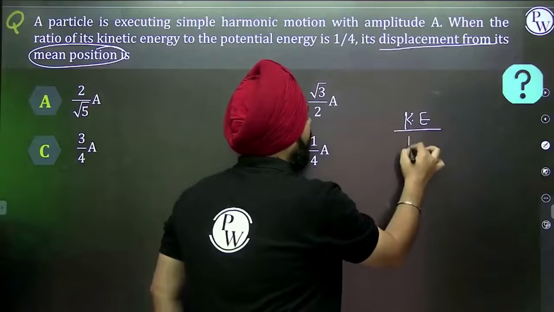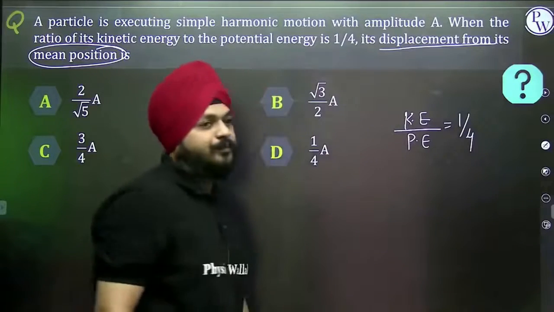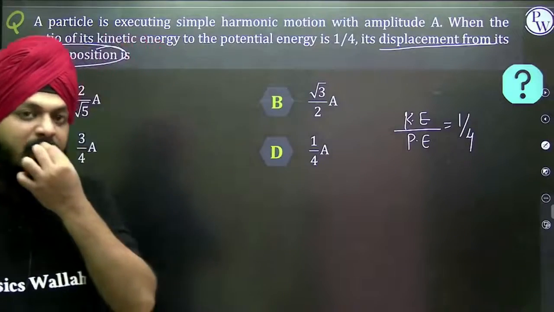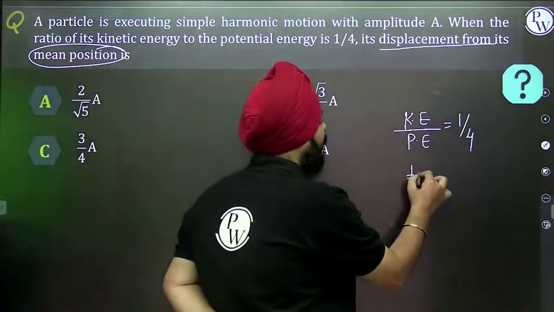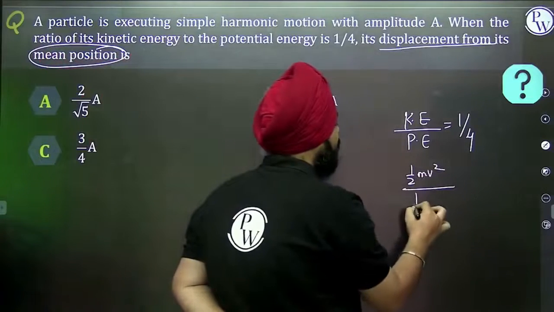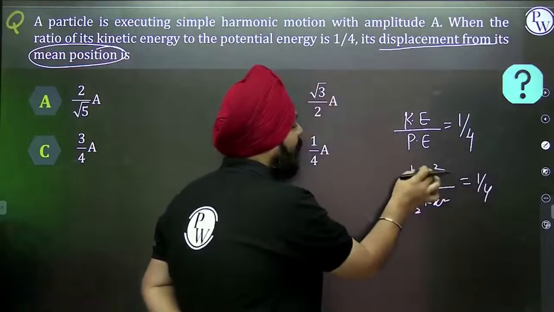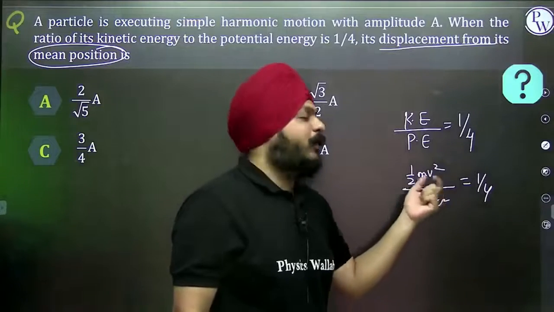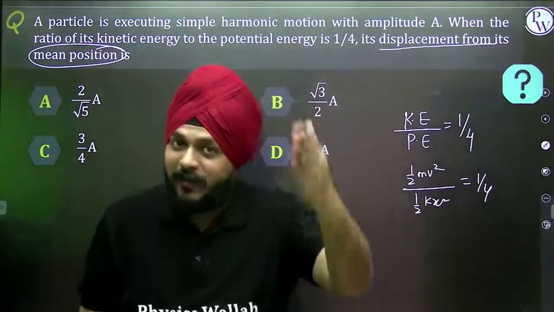Ratio of kinetic by potential is given as 1/4. We are aware of the equation of kinetic energy, and this is the equation of potential energy, but how are we going to replace that v? Here come the fundamentals of SHM.